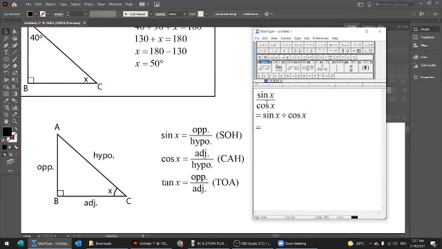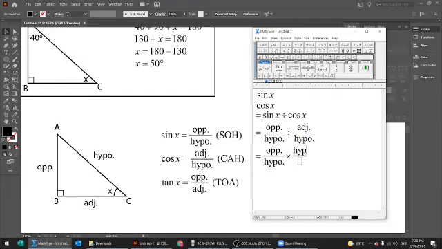So sine x is opposite over hypotenuse, divided by cosine, which is adjacent over hypotenuse. But we know that when it's divide, you want to change to multiply. You flip the behind one.